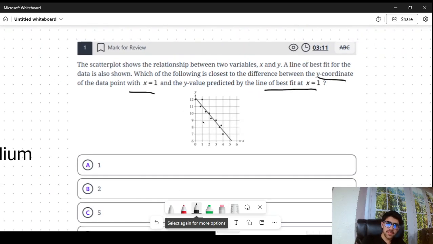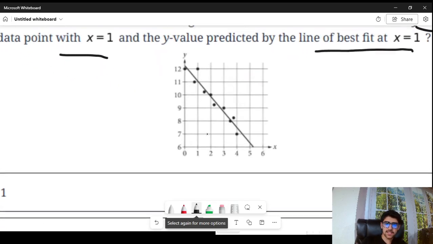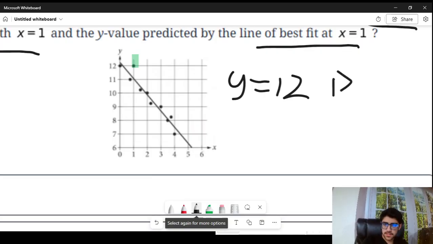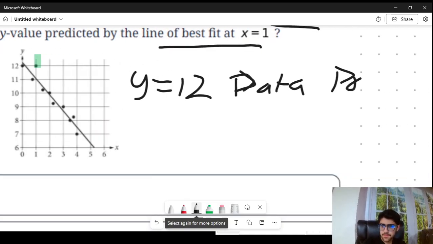So the difference between the y-coordinate of the data point. The data point at x equals 1 is right here. Let me highlight it. It is at 1 comma 12. So y is equal to 12 at the data point. Sorry, that is very messy.